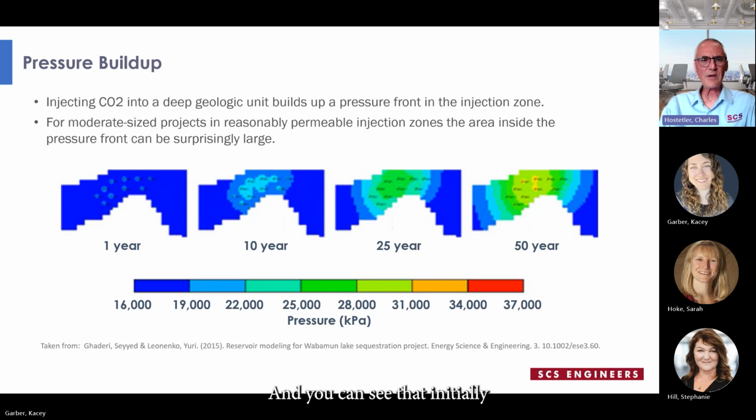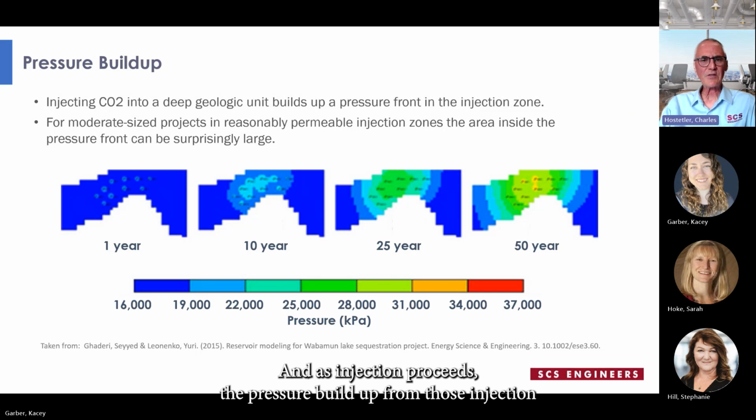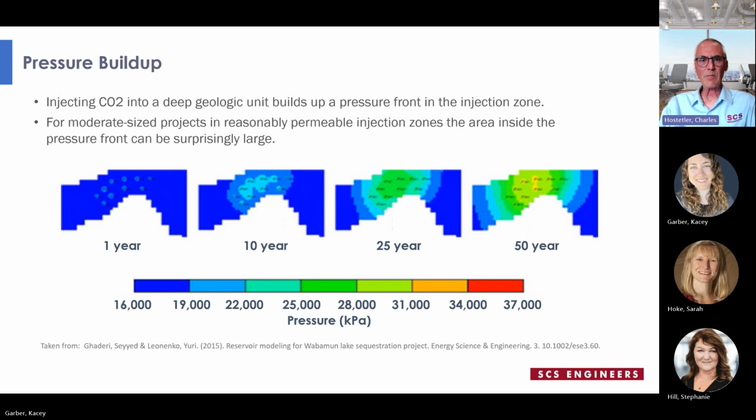And you can see that initially there's a number of individual injection wells, and as injection proceeds, the pressure buildup from those injection points merges and forms an overall regional scale plume. Even for moderate sized projects, 20 million metric tons to 50 million metric tons in reasonably permeable injection zones, the area inside this pressure front can be surprisingly large.